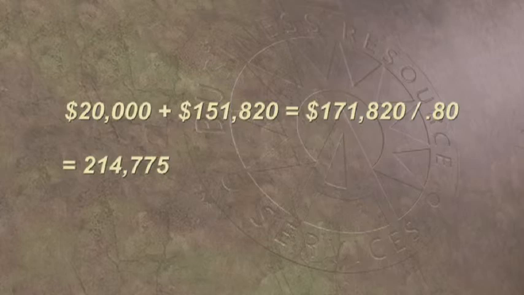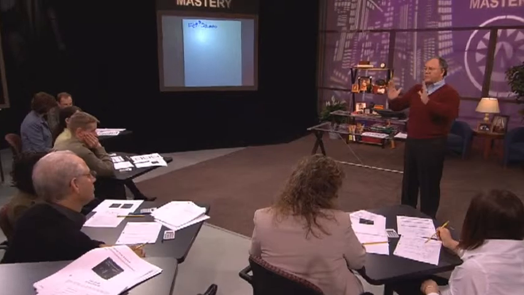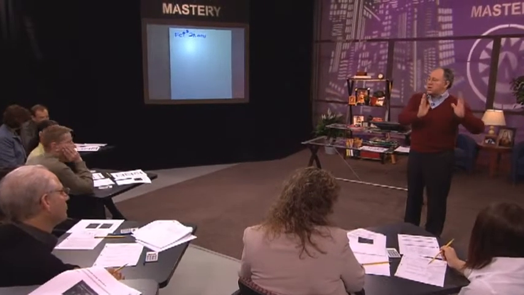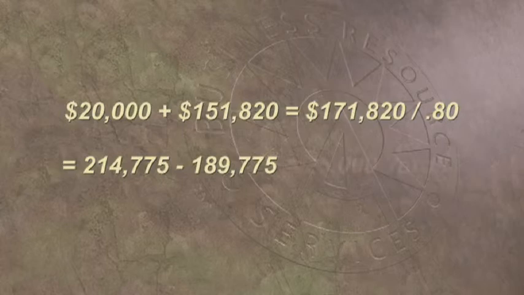Isn't that right? And that's the total yards that have to be sold to cover the old fixed cost plus the new fixed cost. Subtract off the 189,775 and get how many yards? 25,000 yards.